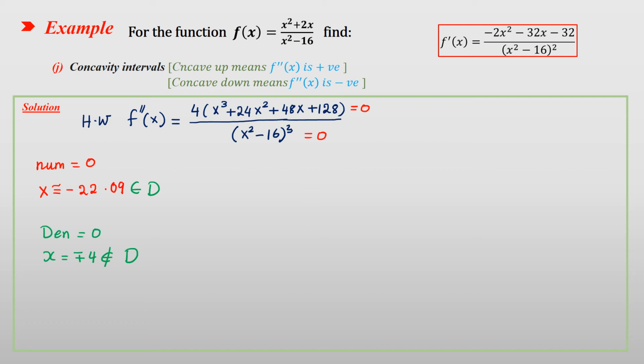So this is a number line, and we will read the sign of the function f double prime of x, and we have 3 zeros from numerator and denominator. The first one negative 22.09, and the second one is negative 4, and finally we have 4.